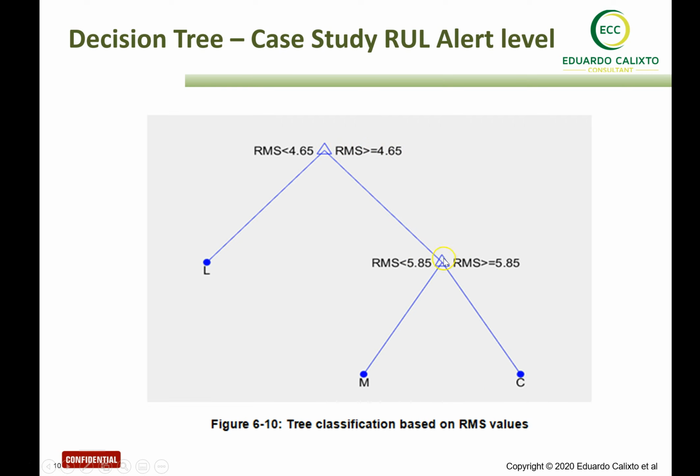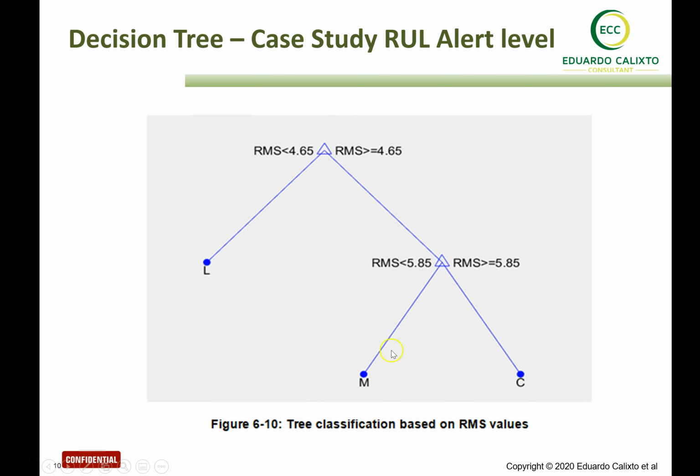So if it is higher than 4.65 and lower than 5.85, it is considered moderate, and higher than 5.85 is considered critical, catastrophic, let's say like that.